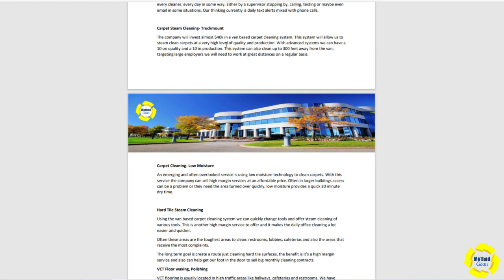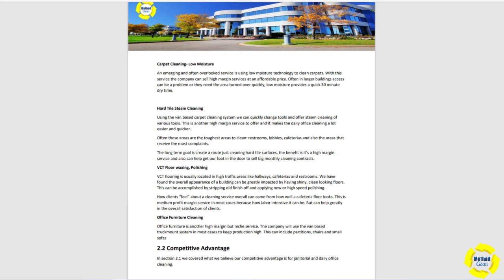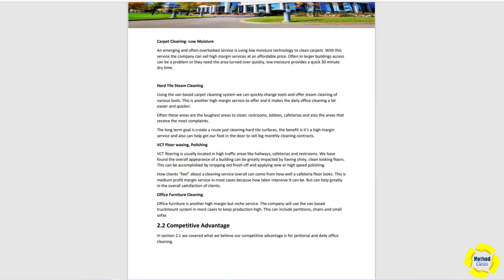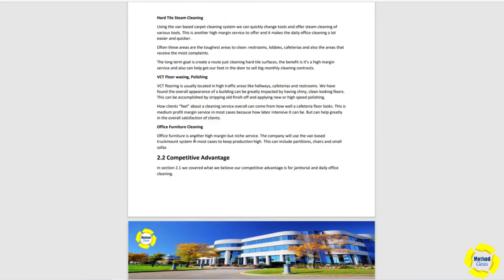So you're either going to have to borrow money or invest your own. Either way, it is a great question to be asking yourself. Here is a list of the different services that we're going to provide with some of the details. Everyone has different opinions about some of the details of these services. I'll leave that up to you.